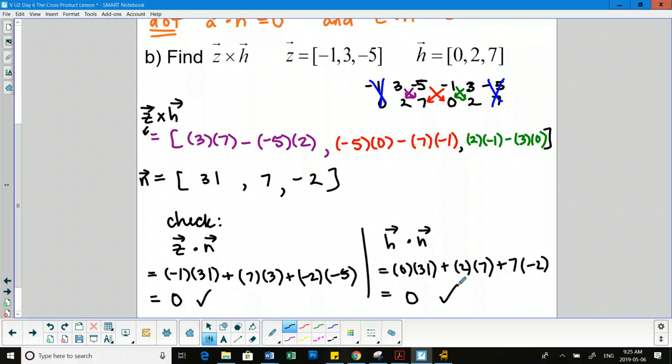Yep, when the dot product gives you 0, that means the vectors you dotted were perpendicular to one another. What happens if it's not perpendicular? Then you probably made a mistake somehow. This check is actually key because, like I said, with the cross product, if you're not careful about your negatives and positives, you can make a mistake pretty easily.